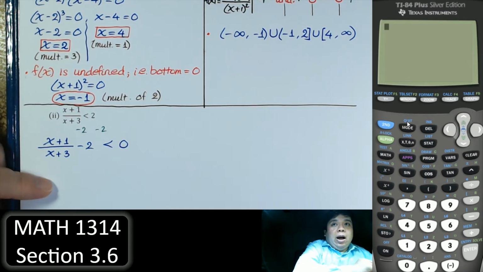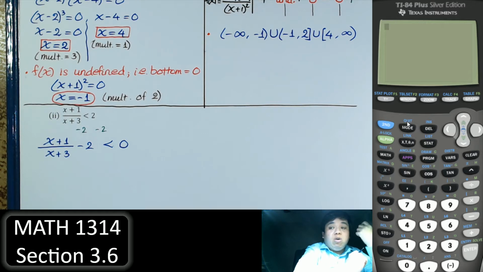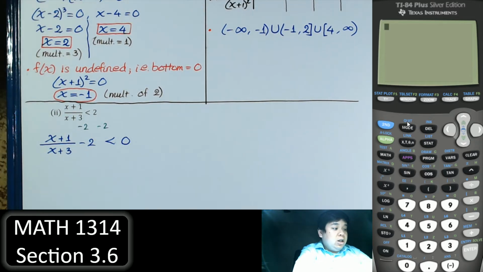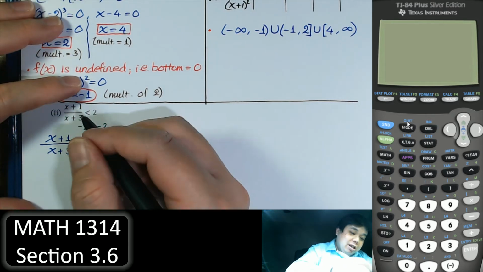Right. What we do next, we do not multiply x plus 3 on both sides because we don't know if it is positive or negative. If we multiply by negative, the inequality reverses, and that is a problem. So we don't multiply both sides. Oh, because if it is 0, then it's undefined.